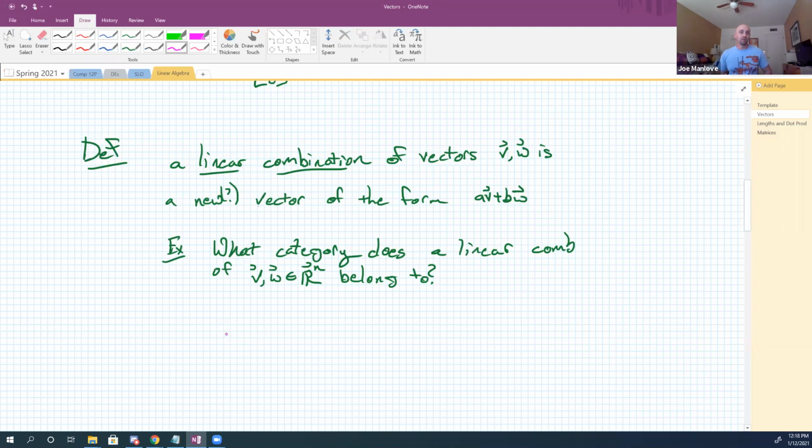Okay, so category is a word that I like to use, that I don't know if you've heard in other math classes. Category means basically, what kind of beast is this? Like, is it a number or a chair or a matrix or a function of two variables or a cross product or, I don't know, a ceiling fan, whatever. You guys all with me on that?